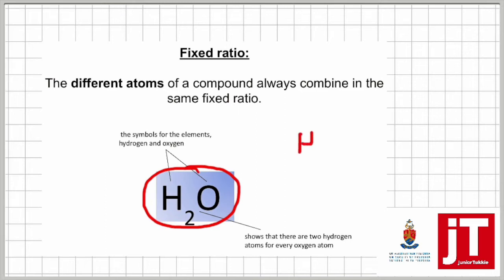The hydrogen, capital H, is the symbol for hydrogen, and oxygen is the other element involved in the formation of water. The ratio of hydrogen to oxygen comes below as a subscript at the bottom of the hydrogen. It's not necessary to write the 1 for the oxygen. It's best to leave it out.